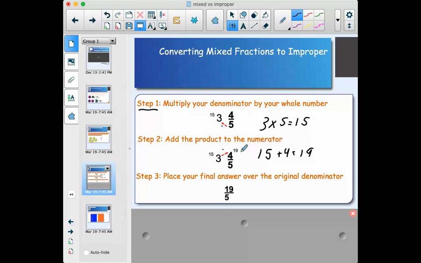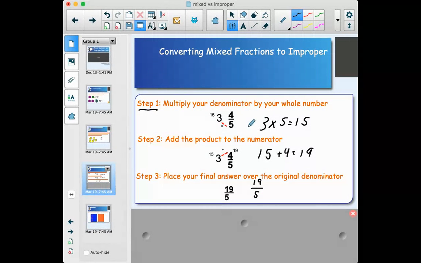So in this process, the denominator is not changing. Think about the denominator as how big your pieces are. So that part isn't changing. How many pieces is your circle cut into? That's staying the same. So the denominator never changes, but the numerator becomes 19. So you have 19/5 as my improper fraction.